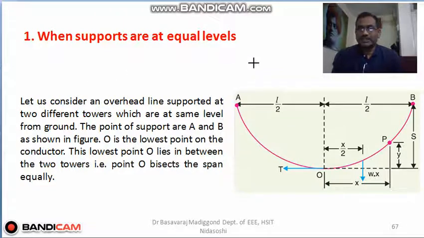Let us consider an overhead transmission line suspended between points A and B, with supports at point A and point B. O is the lowest point on the conductor, between support A and support B. It means that point O bisects the span equally.